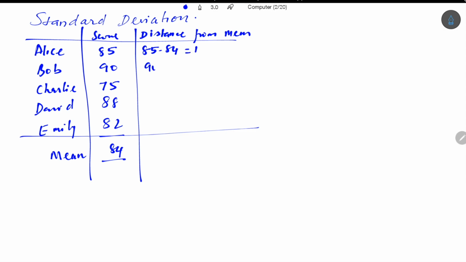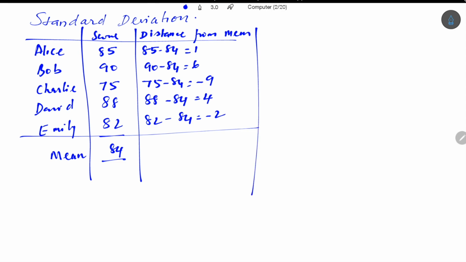Same like that, 90 minus 84 equals 6, and 75 minus 84 equals minus 9, and 88 minus 84 equals 4, 82 minus 84 equals minus 2.